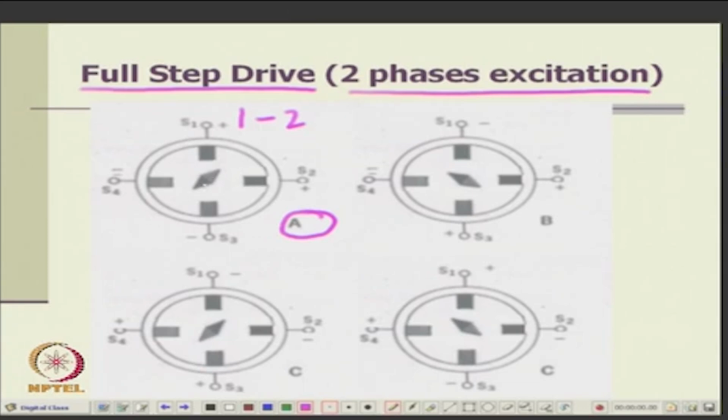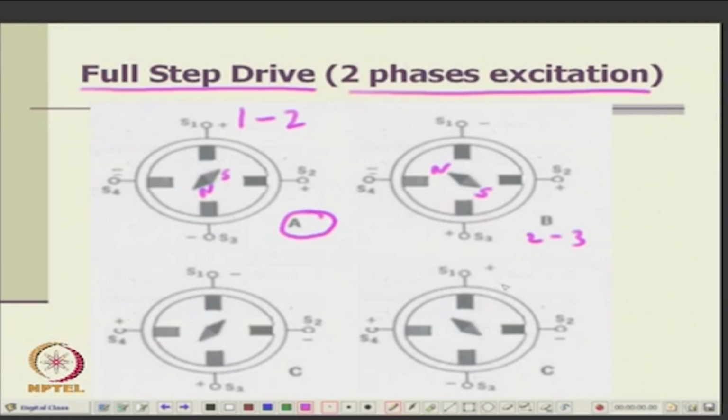This is the alignment. Let us say if this is north south or something like that, if this is 1 2, what will this be? Because it is 2 3, because the south has come here, right.